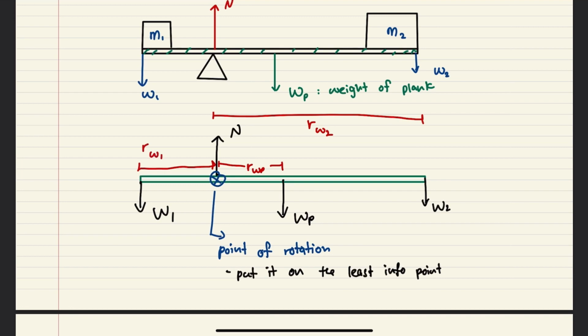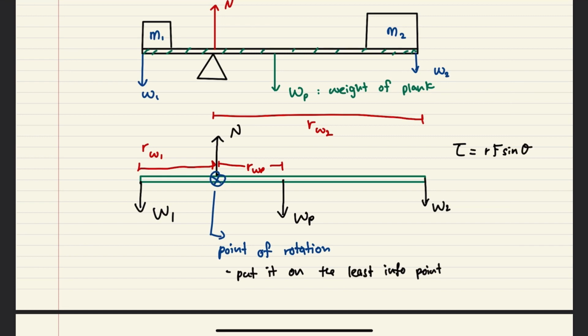And you can see that the distance of N from the point of rotation is actually equal to 0. Why is this very important, why do you want to put it on the least information point? Because if you can still remember, torque equals R F sine theta.